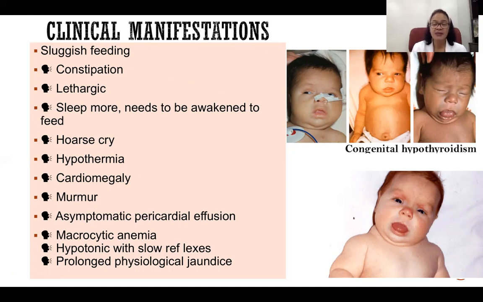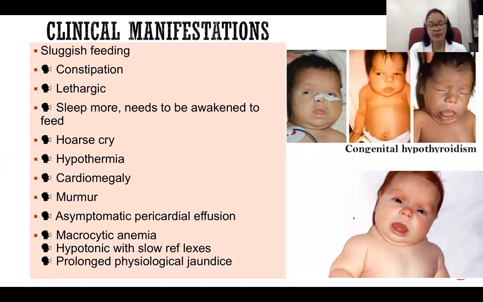Hoarse crying, presence of hypothermia, and then some patients may have cardiomegaly or presence of murmur, and macrocytic anemia and so on. Another manifestation is a presence of prolonged physiological jaundice. When you say physiologic jaundice, it's normal up to 2 weeks of life.